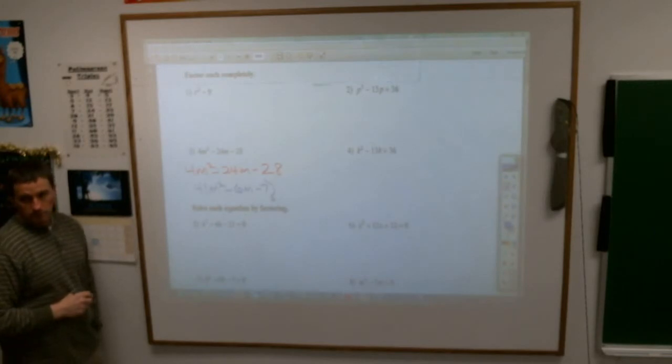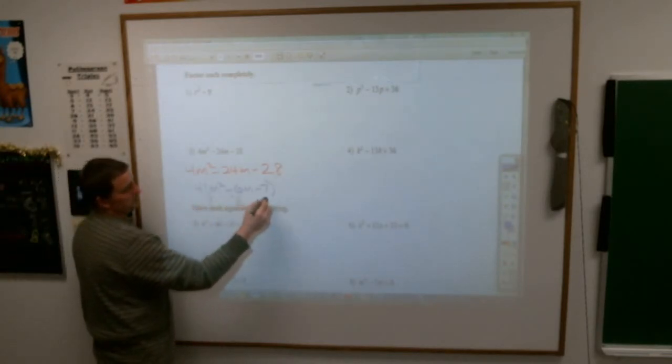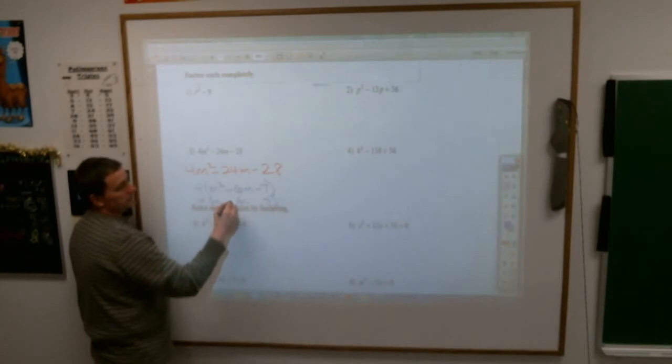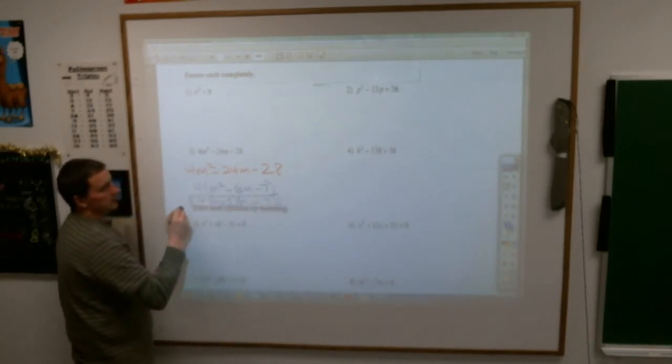Right? And then this, you don't have any choices with this one. There's only one factor of 7, which is 7 and 1. And since the negative one is bigger, the negative goes with the 7. So m plus 1 equals 7.